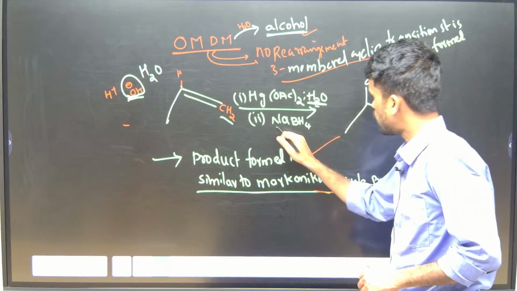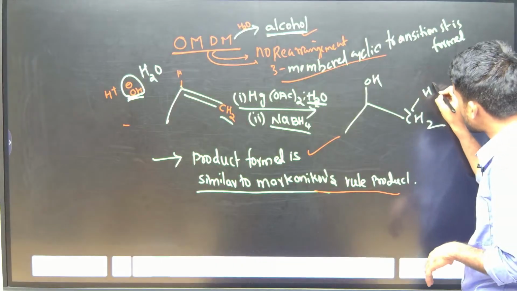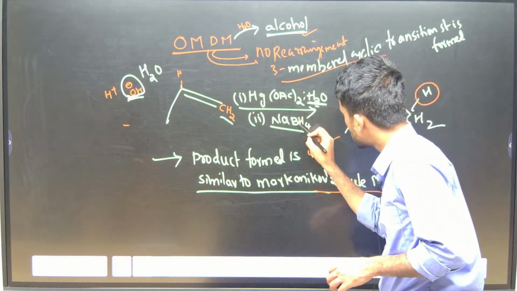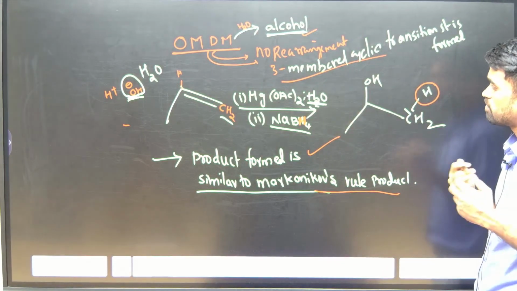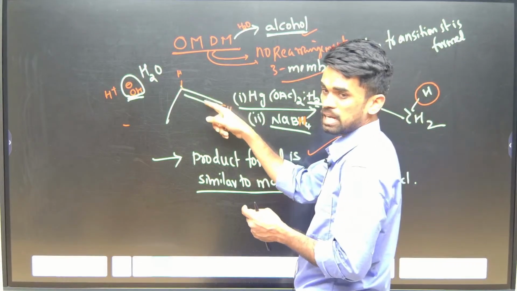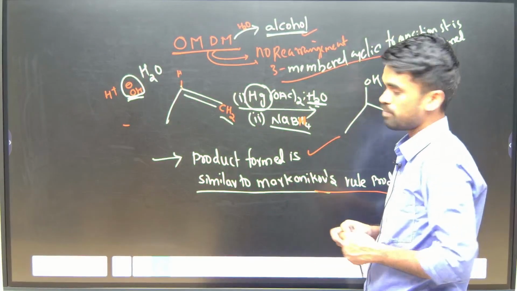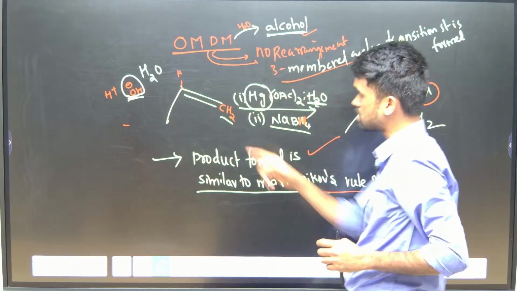And here, what is the use of NaBH4? Remember, on the terminal carbon we are adding this hydrogen, and this hydrogen comes from our NaBH4. This is an important point. Why are we using NaBH4? When it is forming a cyclic transition state, that is formed with the help of mercury. So a three-membered cyclic ring is formed with mercury along with these two carbons.